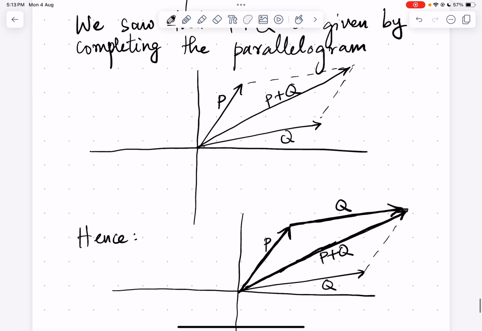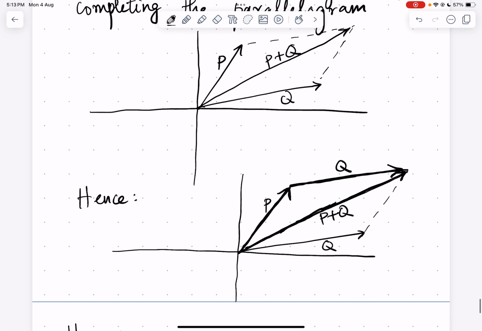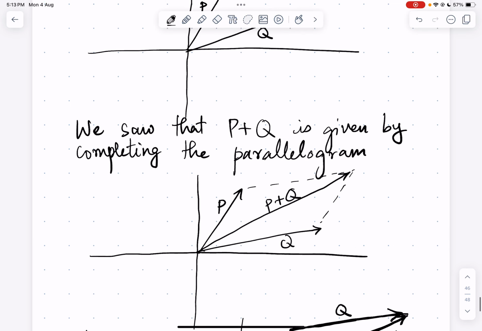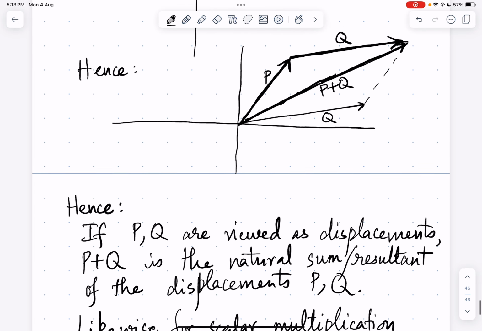And in terms of vectors, what it means is you have this triangle. So to add vectors P and Q, you just take the natural sum. You translate the vector Q such that its beginning point is at the end point of P. By forming this natural triangle, you can find the resultant, the sum of two vectors.